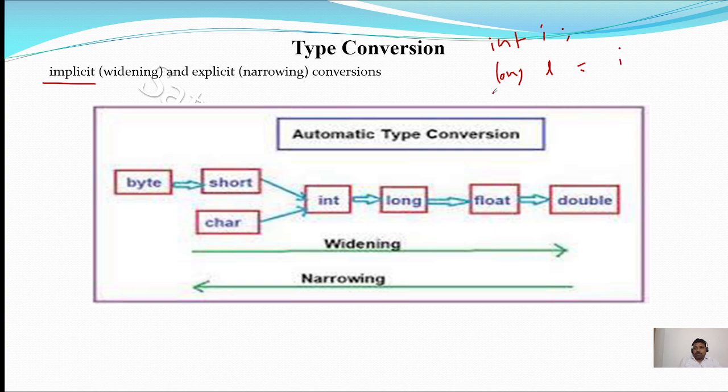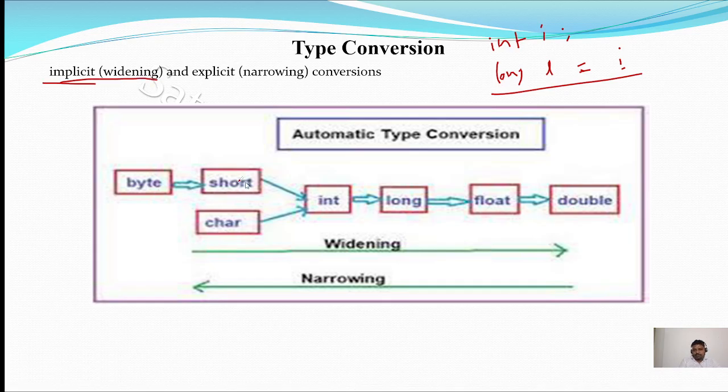This type of conversion is called implicit type conversion. The definition is that this is the destination variable and this is the source variable. When the destination variable is larger than the source variable, this type of conversion is called implicit type conversion, or widening conversion.